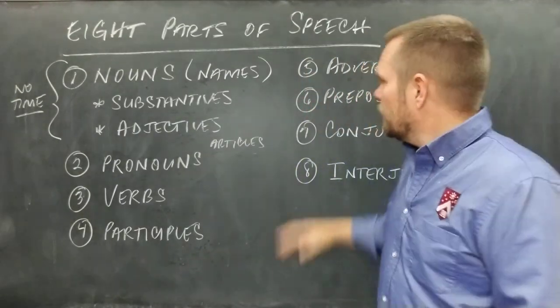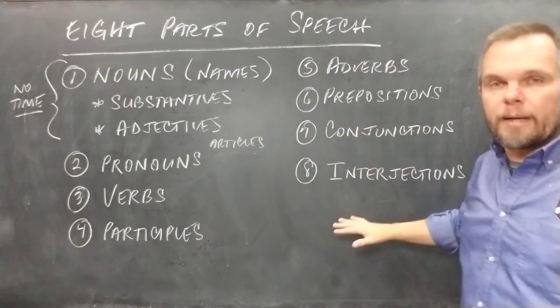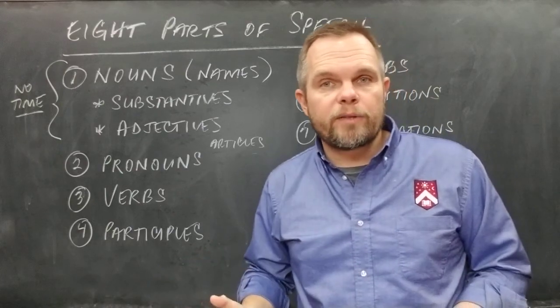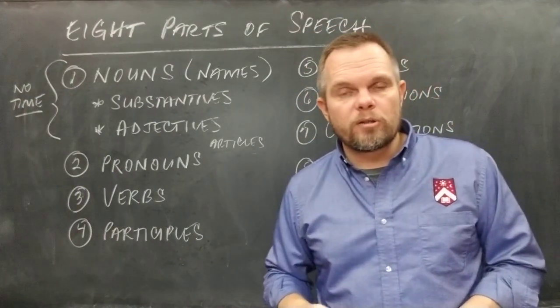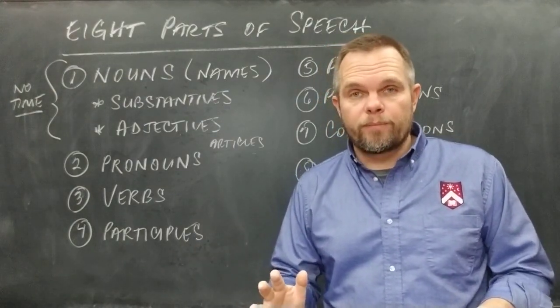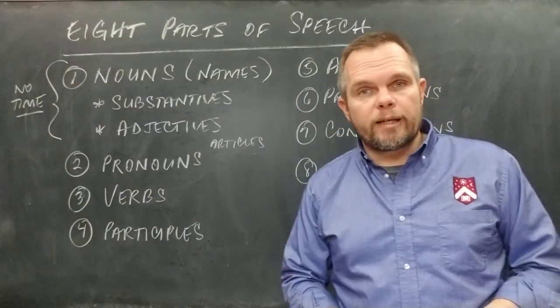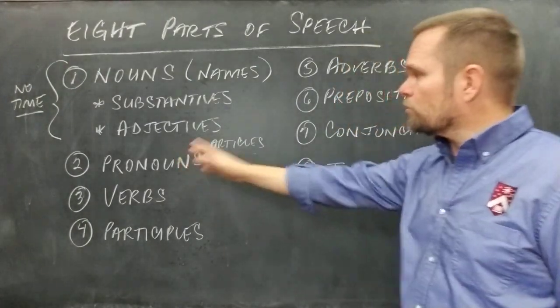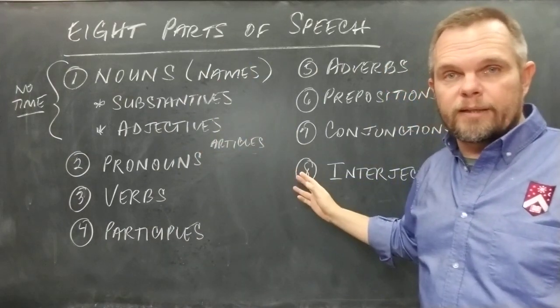All right? When we get to this second group of parts of speech, the reason why I keep them separate is because they do not have different forms. So for an adverb, there's just one word to learn, one form, and that's it. It's like a vocabulary word. The same is true of prepositions, conjunctions, and interjections. All right, so two groups into which the 8 parts of speech are divided.